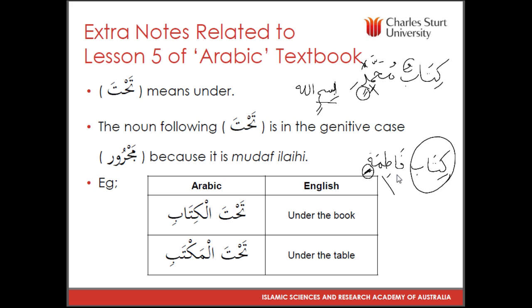على المكتب هناك. In this sentence, there are some things that we already learned. على المكتب, for example, is a preposition. That's why مكتب has kesra at the end. هناك means over there. It is on the table over there. Where is Muhammad's book?